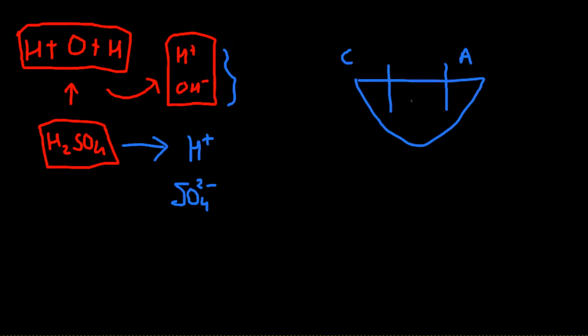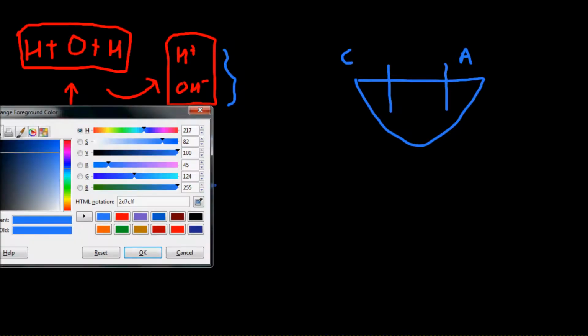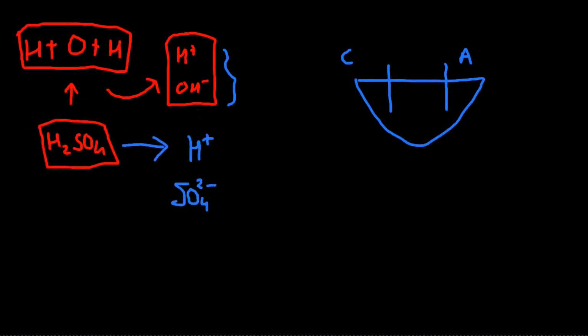So just imagine that in this cell over here, you have all these ions just swimming around. I'm going to do that with a different color. Okay, so you have an H plus from the water, and you have an H plus from H2SO4, so you have two H pluses here.